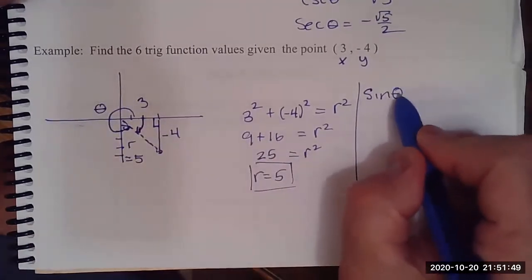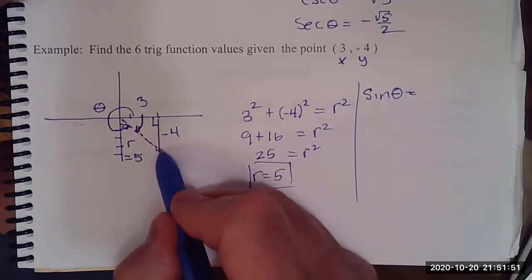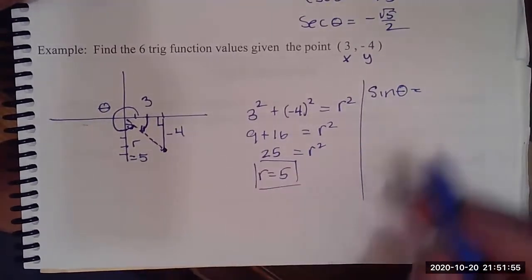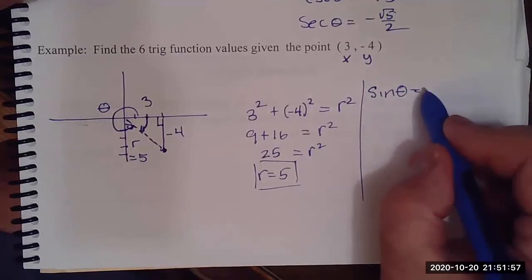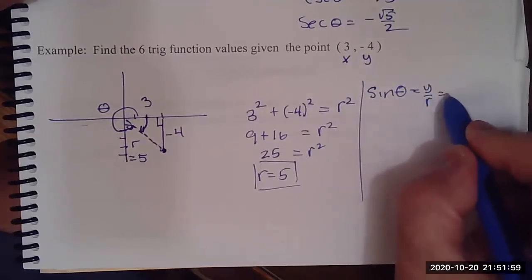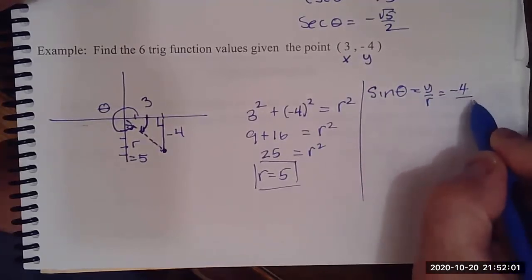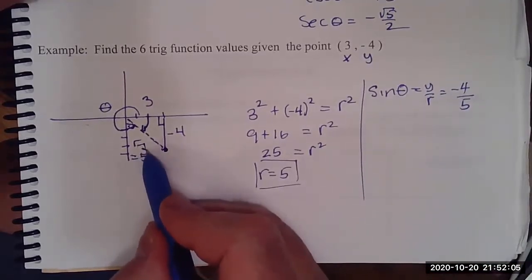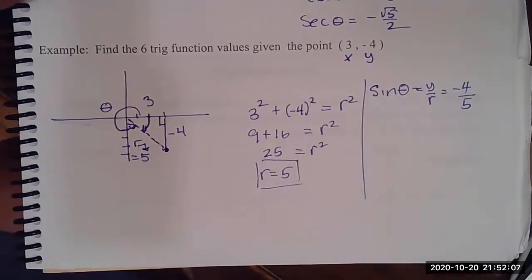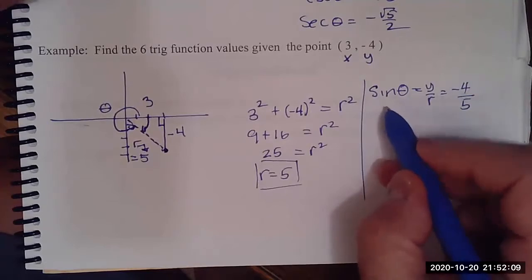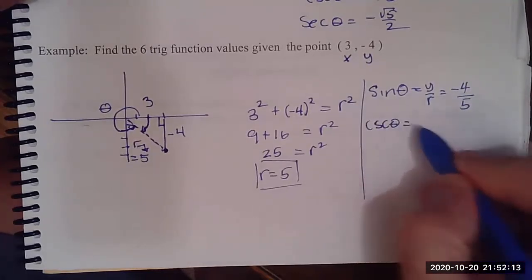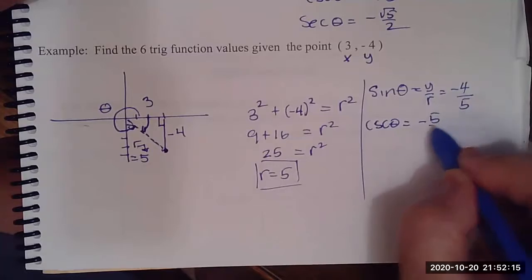Sine of that theta, which gets me to that terminal side, which is that dot right there, would be y over r, which is -4 over 5. Remember, r is 5. Let's do the reciprocal of this one now, which should be cosecant of theta. Okay, -5/4.